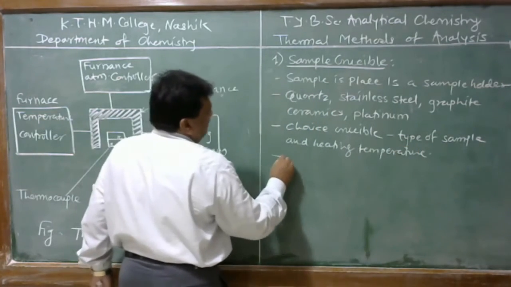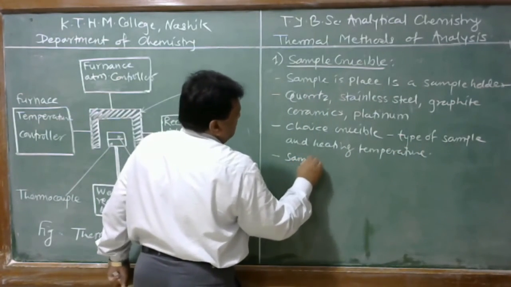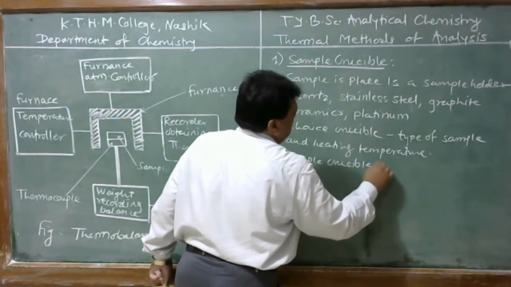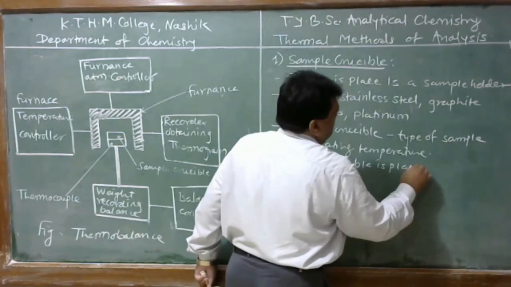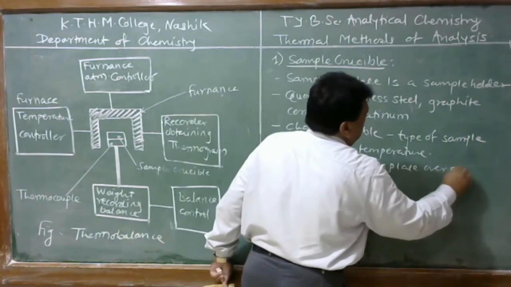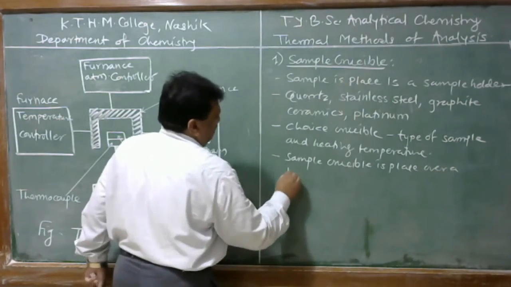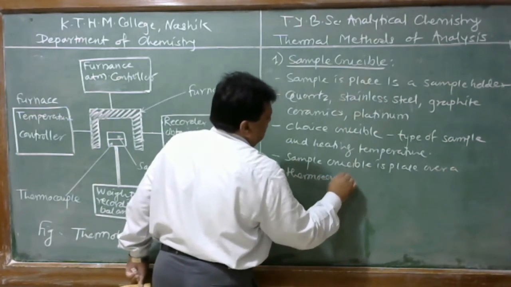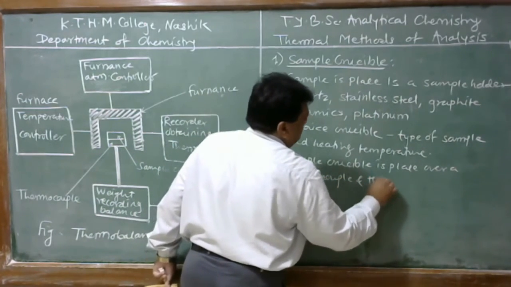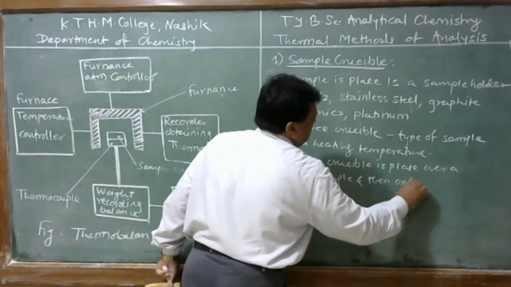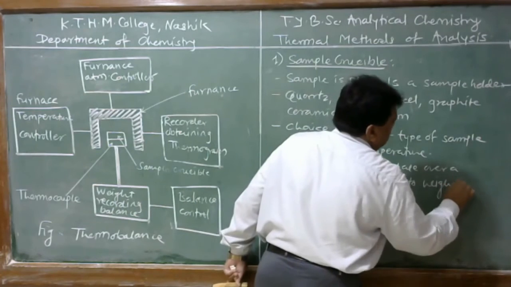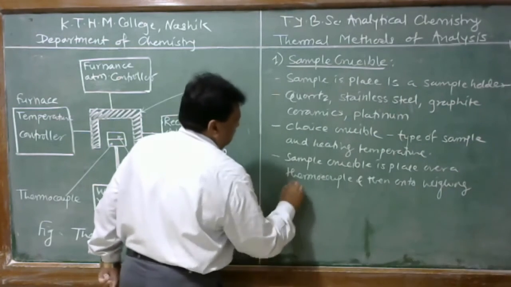This sample cell, sample crucible is placed over a thermocouple and then onto the weighing balance.